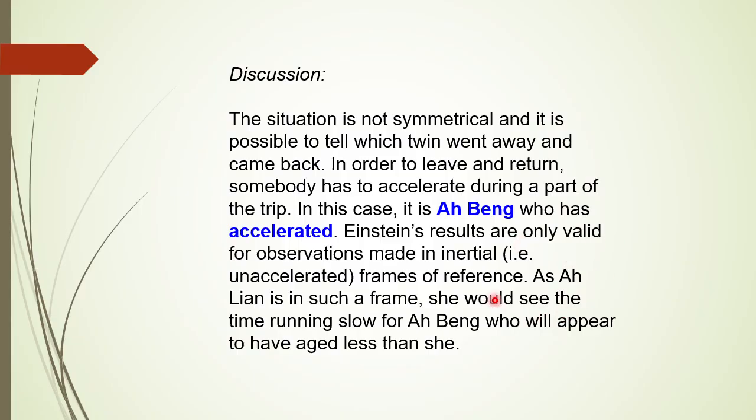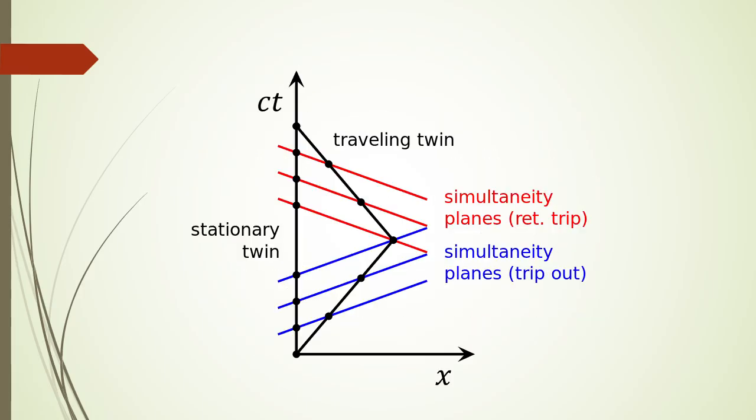So how can we resolve that this person appears to have aged less than the twin he left on Earth? Well, what we can create is what we call world lines. On the y-axis, we put c times t, which is the time axis, and on the x-axis, we put distance. Now, the traveling twin on the way out would travel with a diagonal path because there's relative velocity.